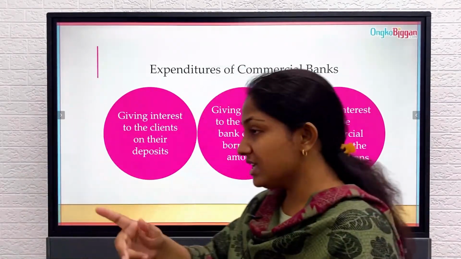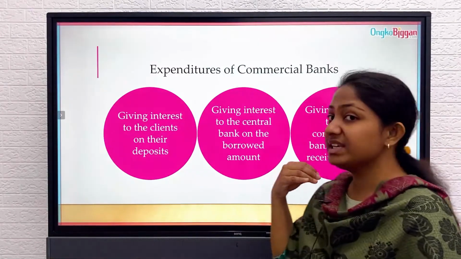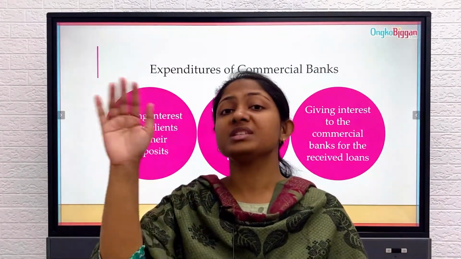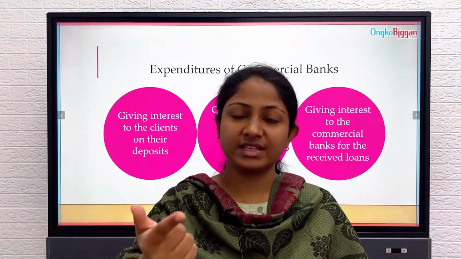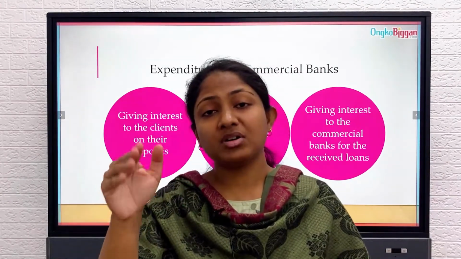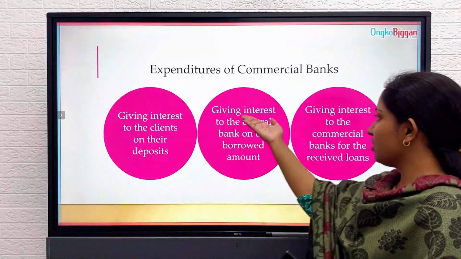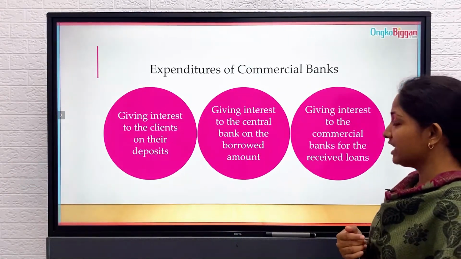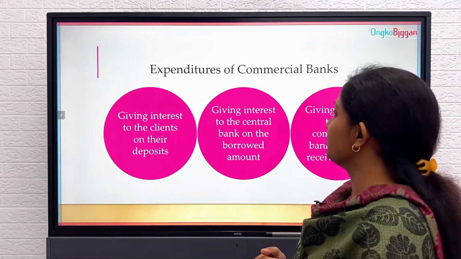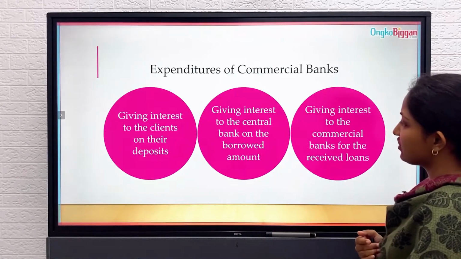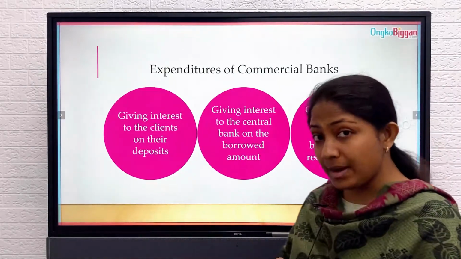Interest rate. So if any commercial bank takes a loan from the central bank, definitely they will give the extra amount of money which is called the interest rate. That is the expenditure of the commercial banks: giving interest to the central bank on the borrowed amount.